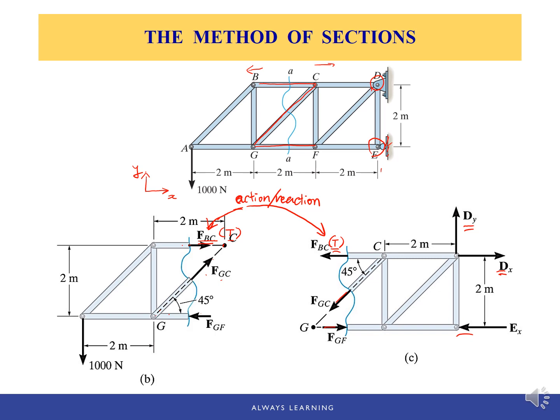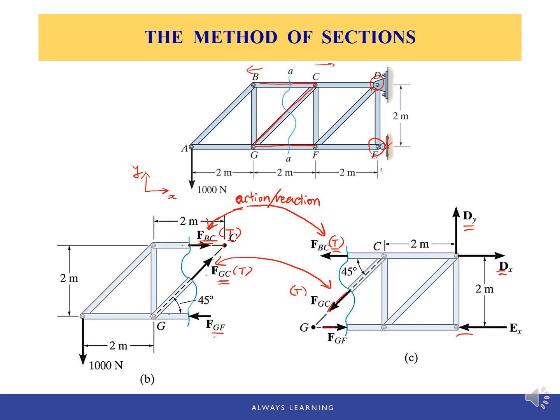But if you draw the x-axis, we can see those two forces are in opposite directions, one pointing to the right, one pointing to the left. And same idea for this FCG on both segments. Those two forces are also action and reaction. They have the same magnitude, and both of those forces are tension. In other words, FCG is pulling up, and FCG on the right is pulling down, so they are in opposite directions.